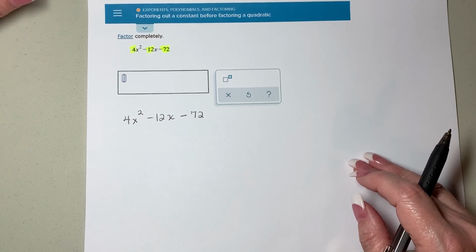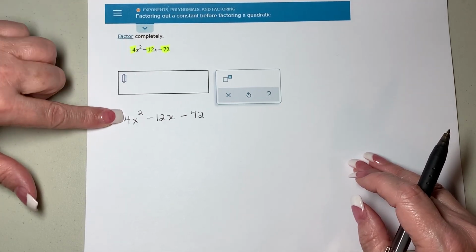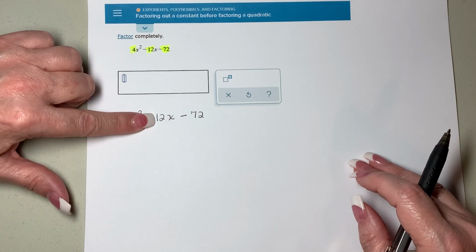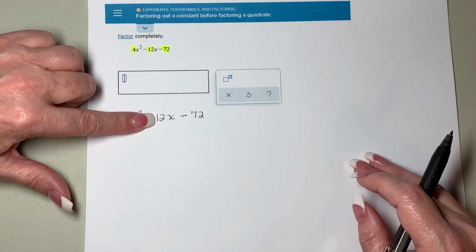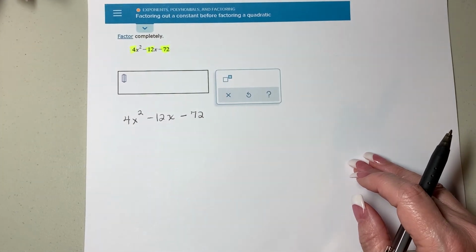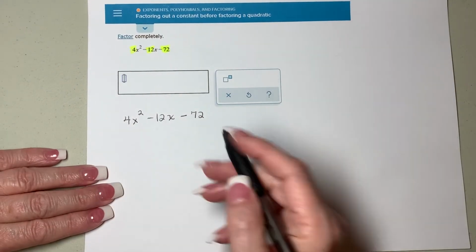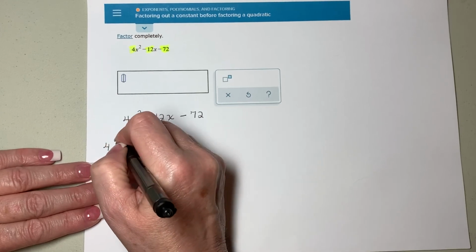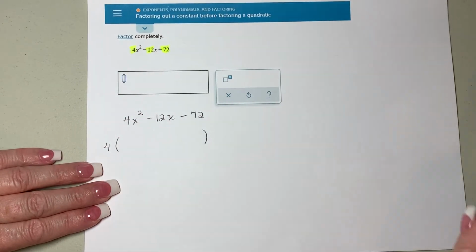And that would be 4. Because 4 goes into 4 once, 4 goes into 12 3 times, and 4 actually divides into 72 18 times. So I'm going to factor out the 4 first.